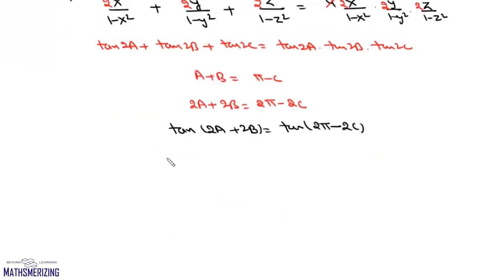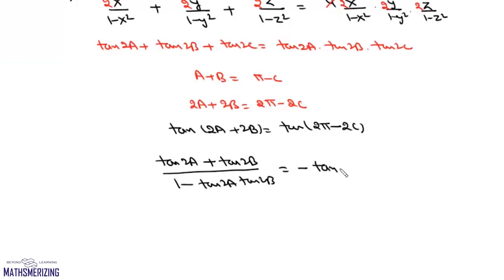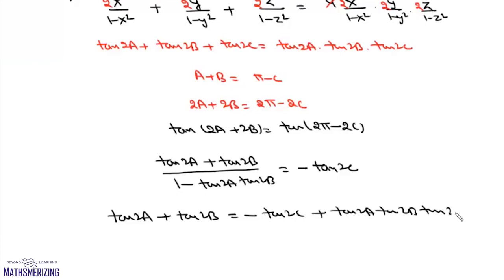Now this is tan of a plus b, so we can write this as tan 2a plus tan 2b upon 1 minus tan 2a into tan 2b. Now tan of 2 pi minus theta is minus tan theta, so it will be minus tan 2c. Now we'll cross multiply. We can write this as tan 2a plus tan 2b, and it'll be minus tan 2c plus tan 2a into tan 2b into tan 2c.